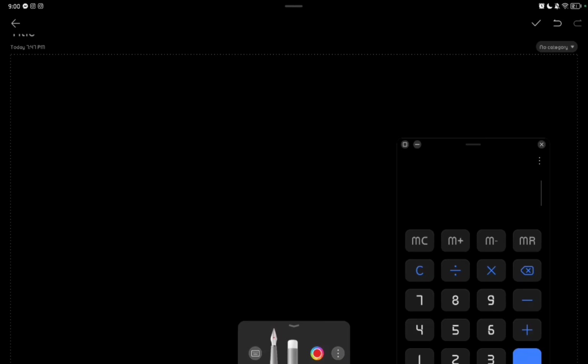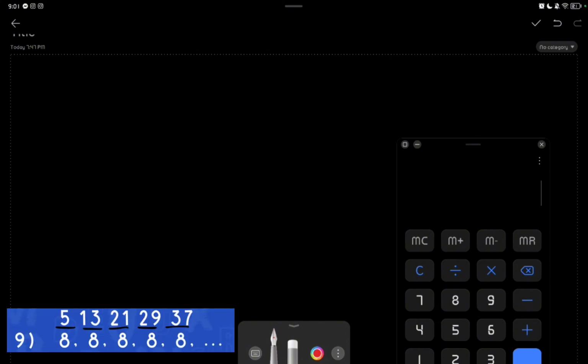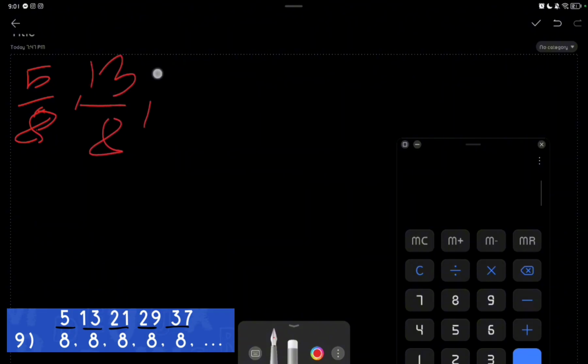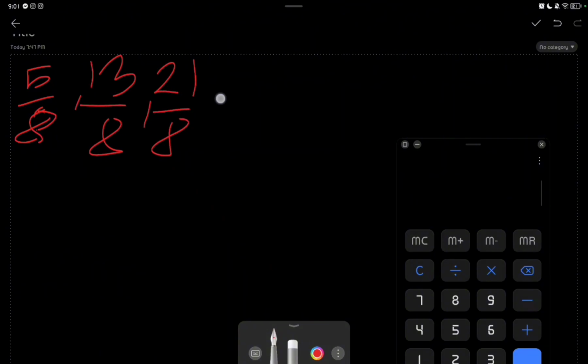Okay, for number 9, just like number 8, the numerator is stable. It is 8. Wait, the denominator is stable. It is 8. So the given is 5 over 8, and then 13 over 8, 21 over 8, 29 over 8, and 37 over 8.